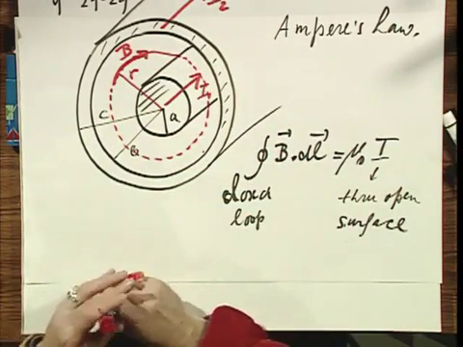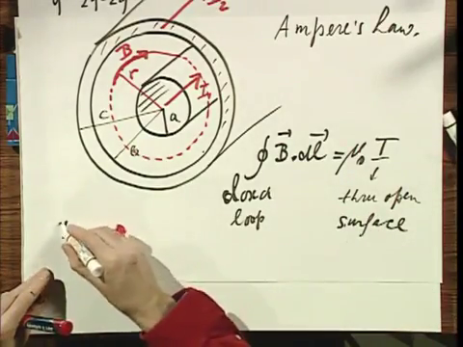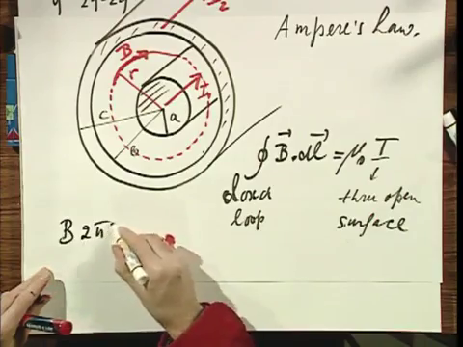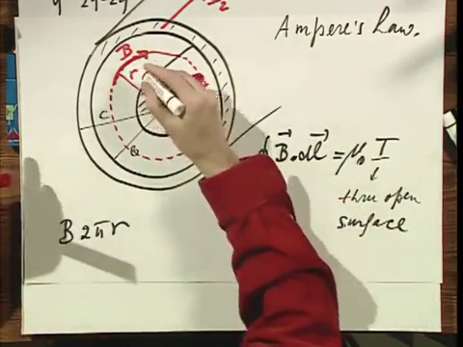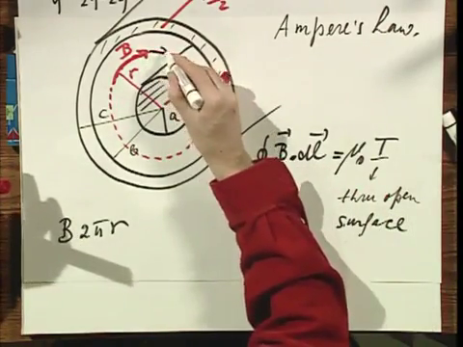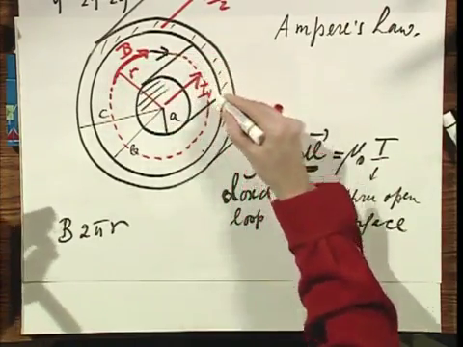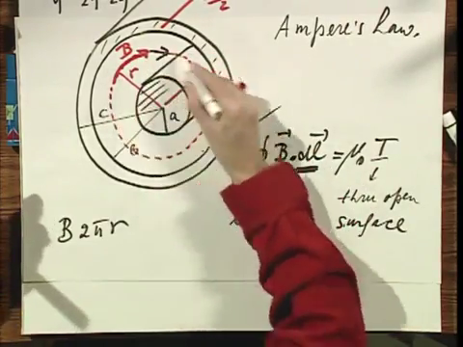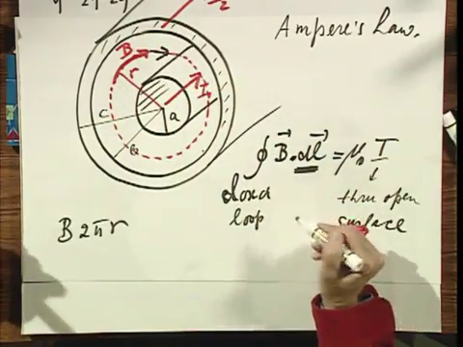So I can write down immediately that B times 2 pi r, I don't have to worry about the dot product because B and dl are in the same direction. dl is not in the direction of the current, by the way. dl is along this line in Ampere's law. So they're in the same direction, so the cosine of the angle is 1.